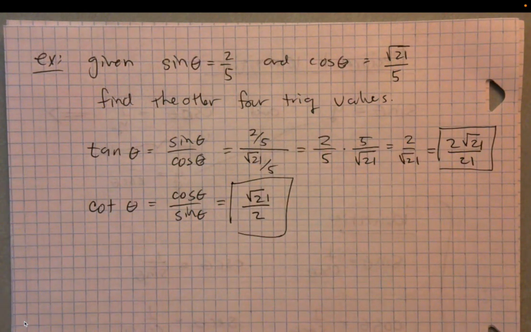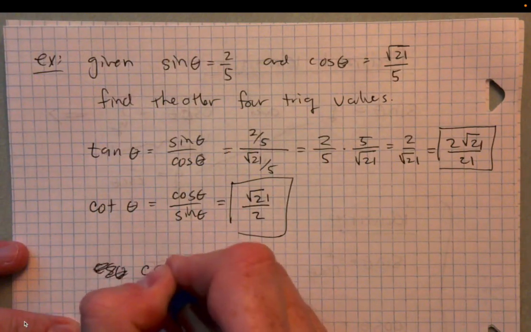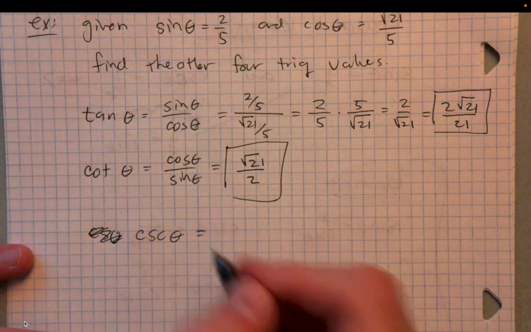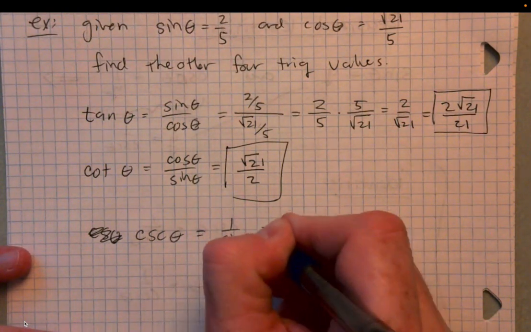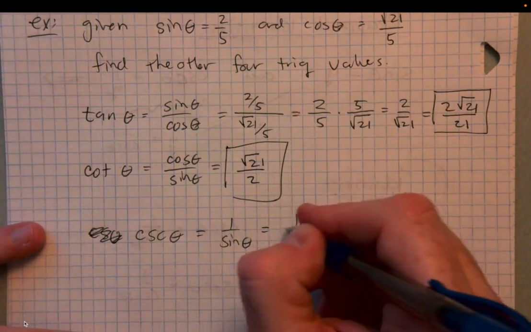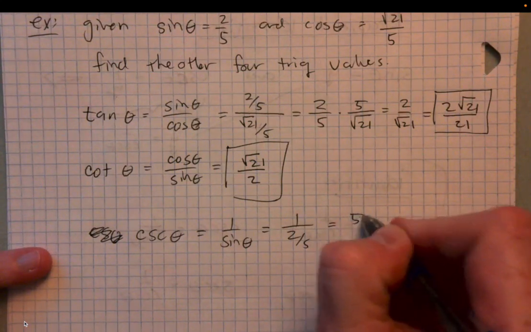What about the cosecant? Well, the cosecant using the reciprocal identity is equal to 1 over the sine. So it's equal to 1 over 2/5, and that's equal to 5/2.